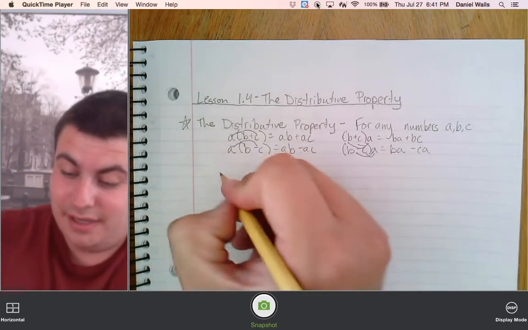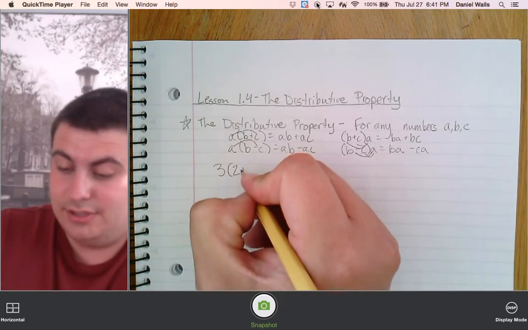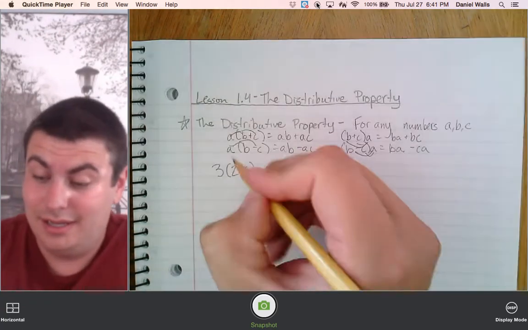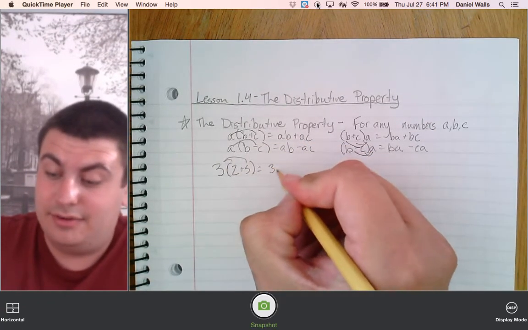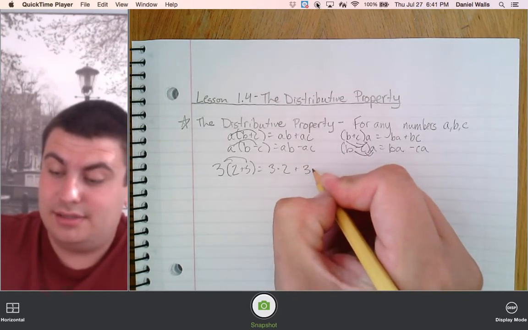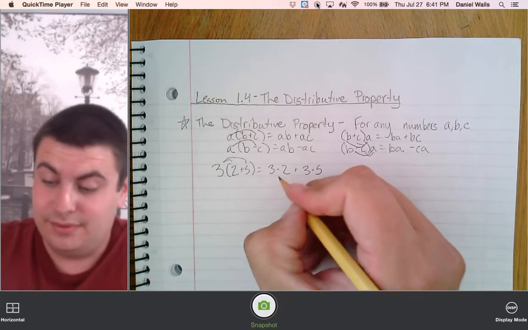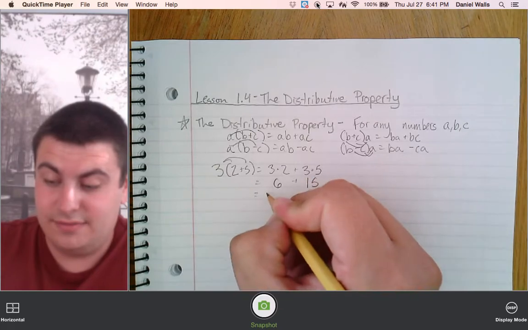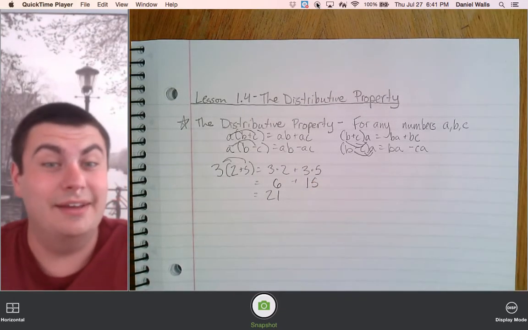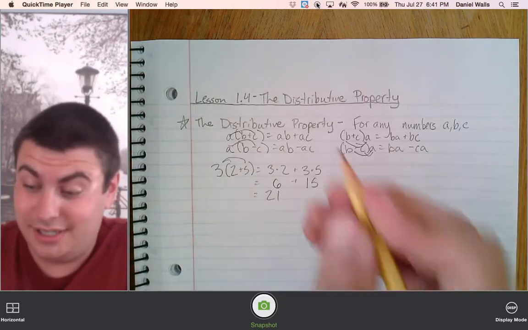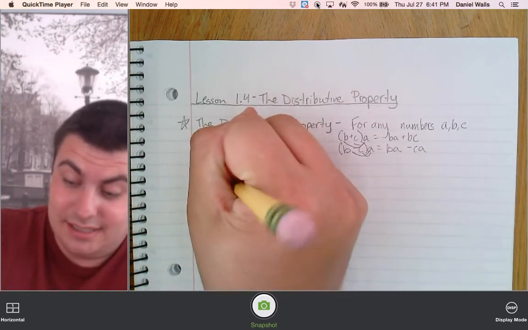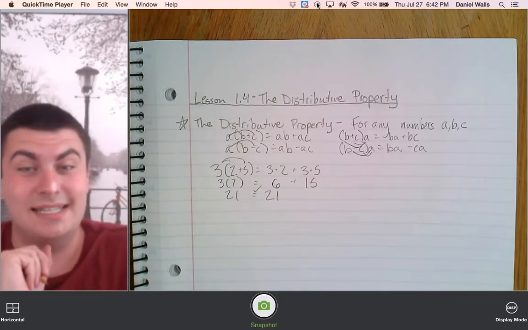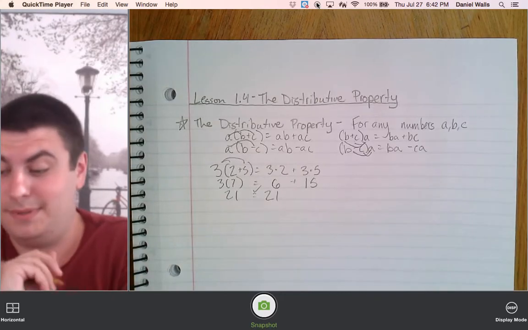For example, 3 times 2 plus 5 using the distributive property is 3 times 2 plus 3 times 5, which is 6 plus 15, which equals 21. Using order of operations, 3 times 7 is also 21.